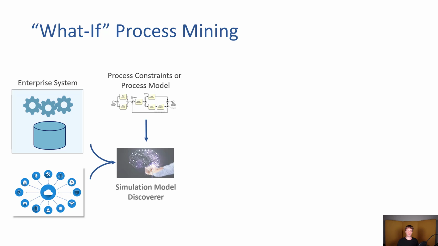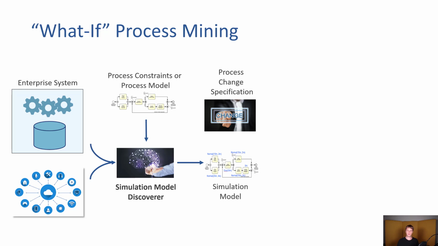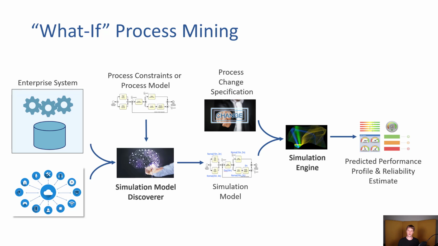This information is going to be fed into a simulation model discoverer, which is obviously going to give us a simulation model. On top of that model, we are going to enact or specify some process changes. Then we are going to run the simulations based on this model and the changes that we have made. And as a result, we are going to get the predicted performance profile and reliability estimate of the changes that we made.